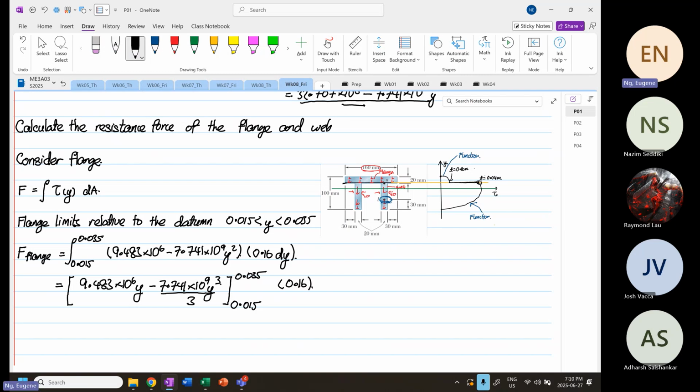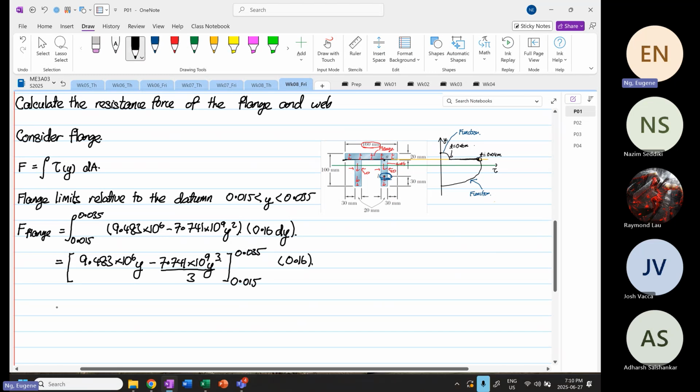I'm going to move the 0.16 into the brackets.